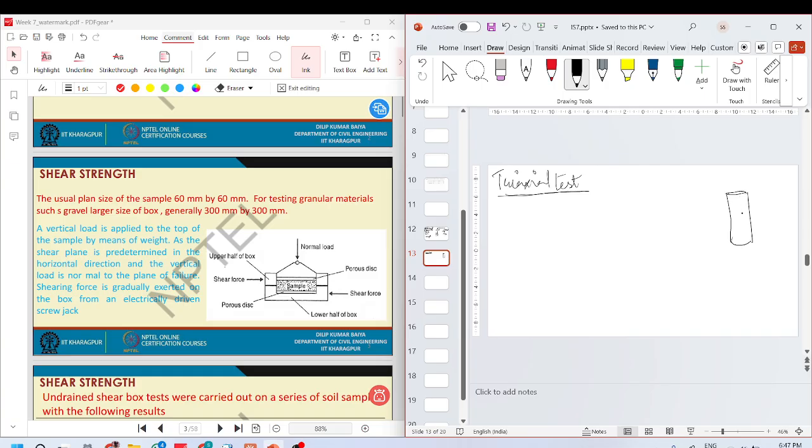It is important that the sample is cylindrical because in a 3D coordinate, we are taking an axisymmetric case in which sigma 3 equals sigma 2.